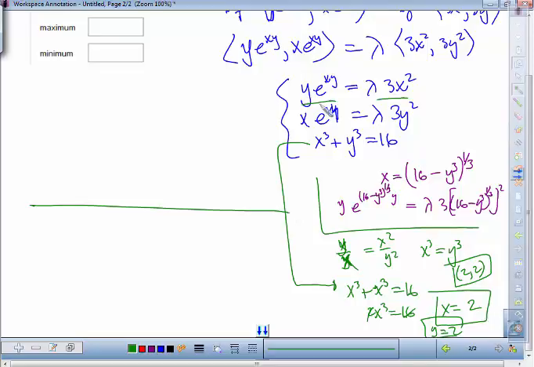Since we divided, we have a possibility of x being equal to 0 or y being equal to 0, so we want to take that into consideration. So when x is equal to 0, what's y equal to? We divided by x and y.